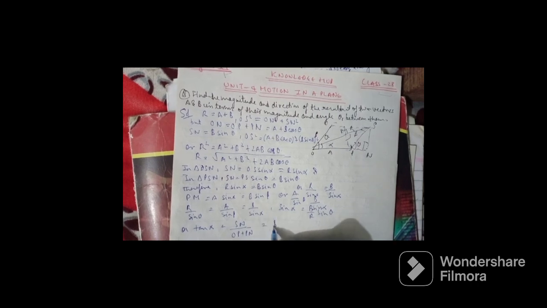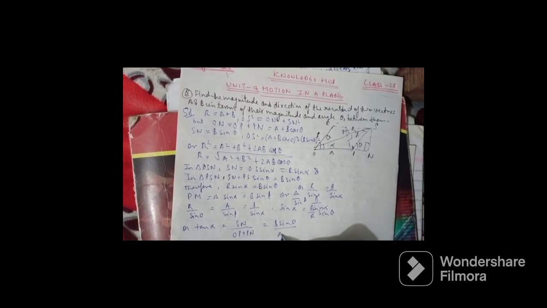So R upon sin theta equals A upon sin beta equals B upon sin alpha. We get sin alpha equals B upon R sin theta, where R is as given. tan alpha equals SN upon OP plus PN, equals B sin theta upon A plus B cos theta.